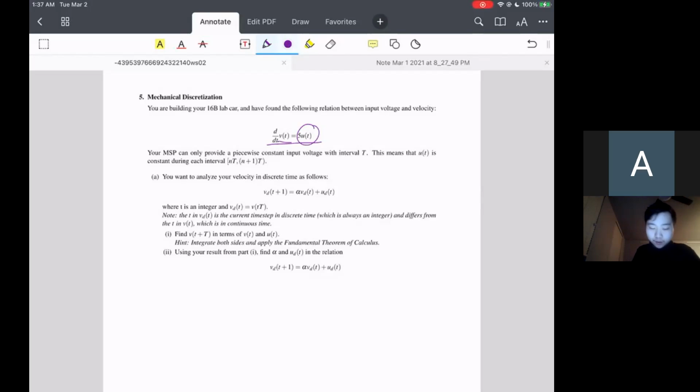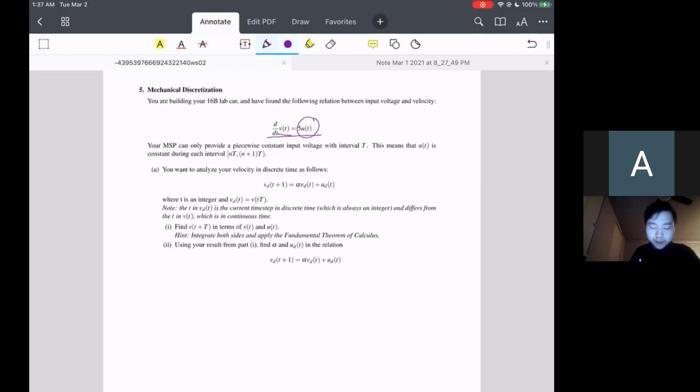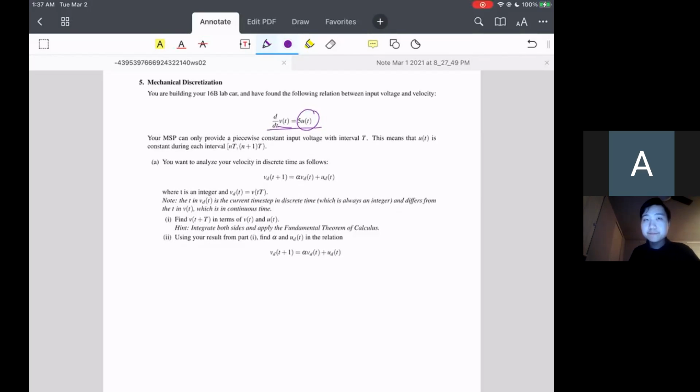There's a hint that says we want to integrate both sides and apply the fundamental theorem of calculus.